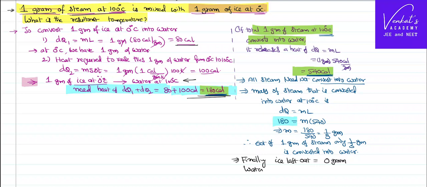Water left out. Is there any water? Look at this. Here, ice is converted into water by taking 80 calories, and that water's temperature is raised from 0 to 100 degrees centigrade. So there is water here. How much is that? 1 gram.